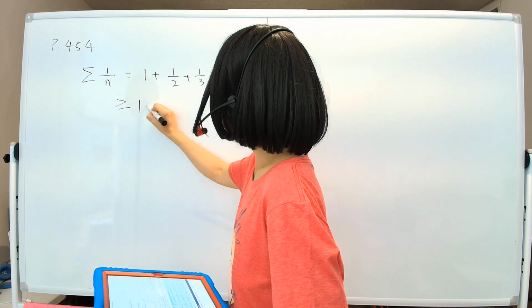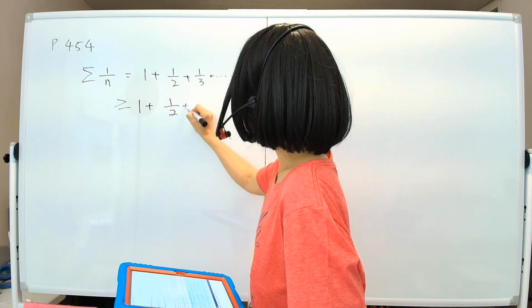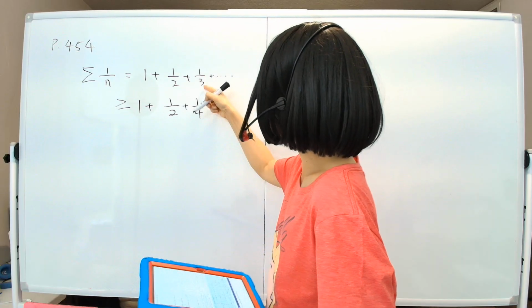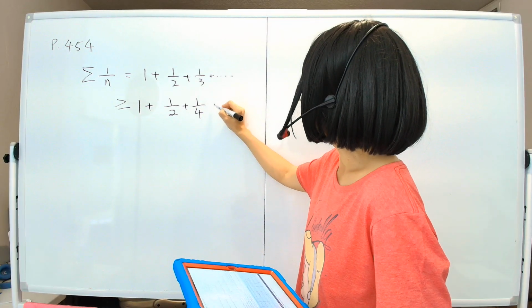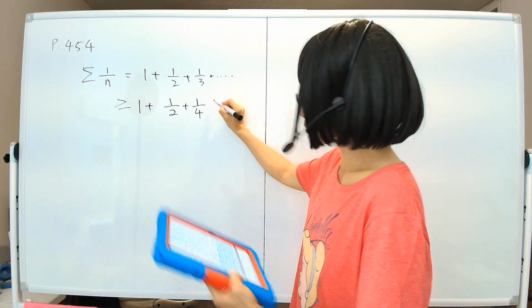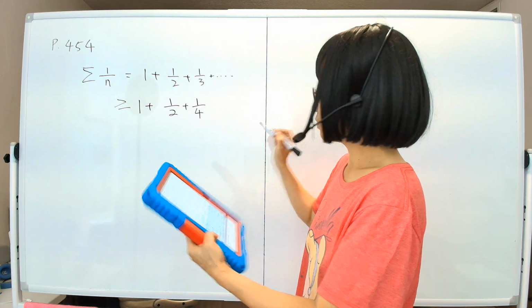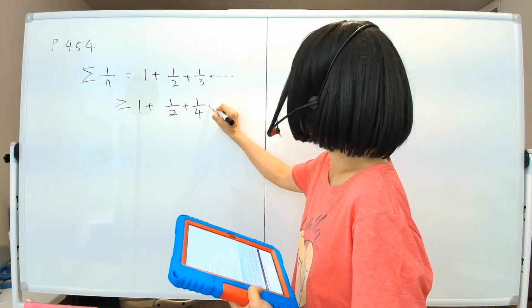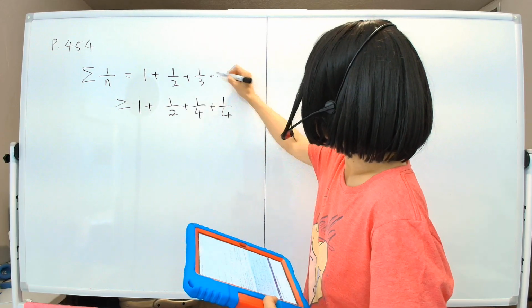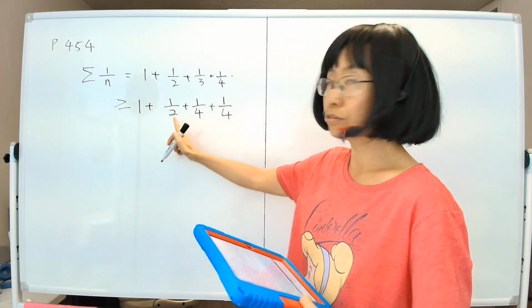So we're going to find something smaller than it. 1/4 is slightly smaller than 1/3, so that's the first part taken care of. Then 1, and then 1/4 plus 1/4. We line it up with 2 to the power n.